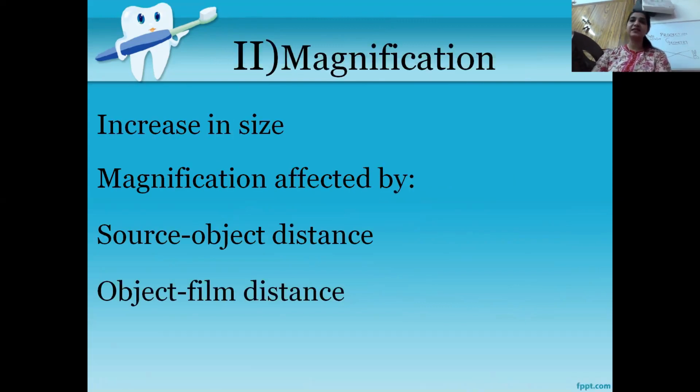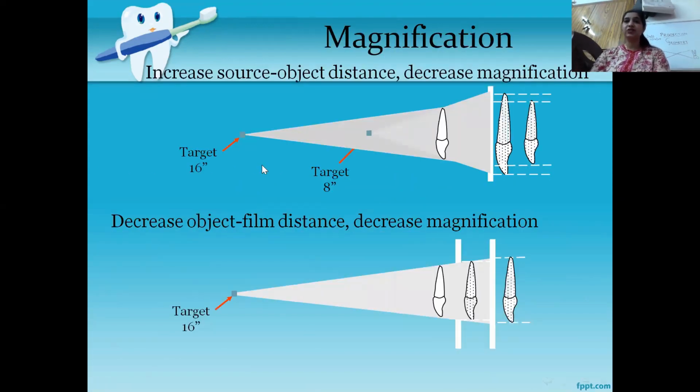Magnification. Increase in the size, that is magnification, can be affected by source object distance and object film distance. So two important things are there in magnification. First is your source object distance and then object film distance. Here we can see this is the target and the 16 inches is there.